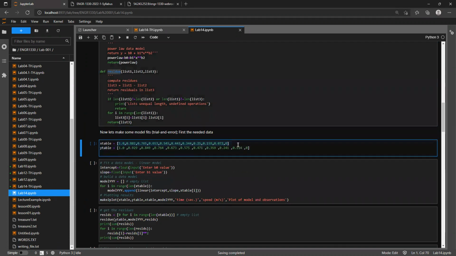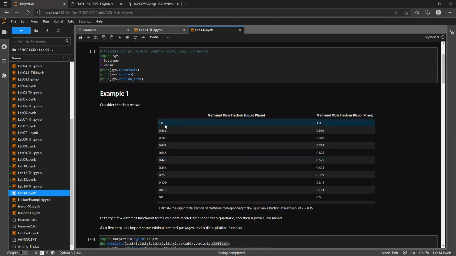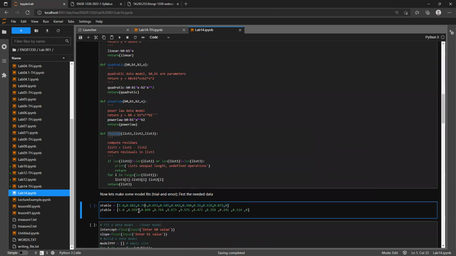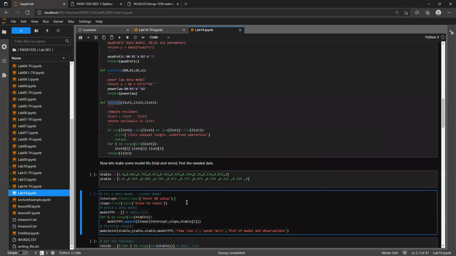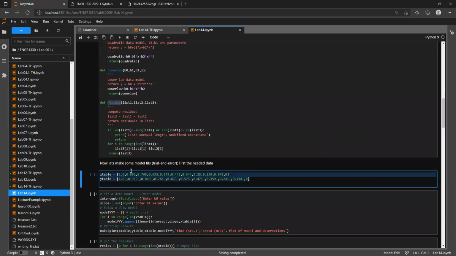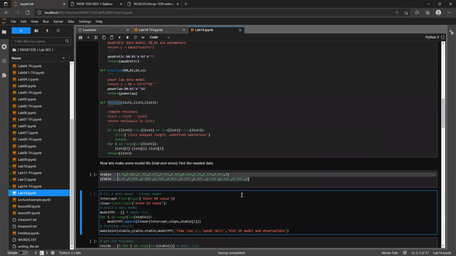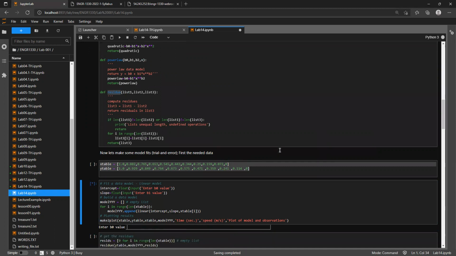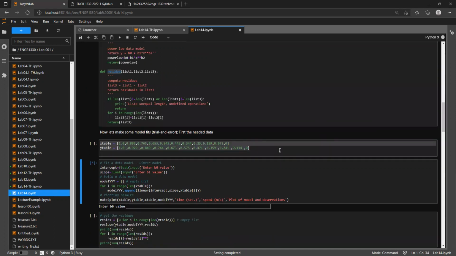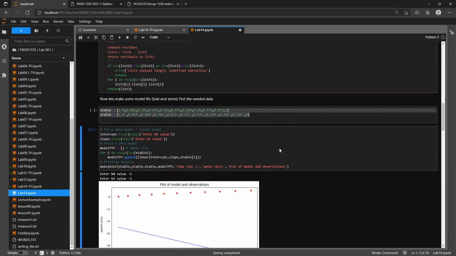These are the values we had before: 1.0, 0.882, 0.765. It seems to be the same data. Now, what are we going to do? We are going to plot this, and our goal is to try and get a line that goes through the points, like I mentioned before. I'm intentionally putting in things that would not be a good fit.